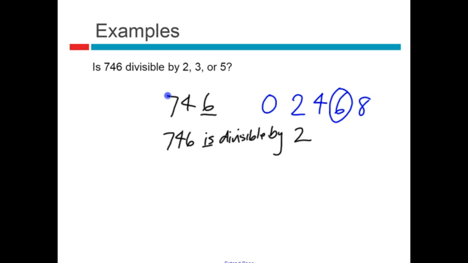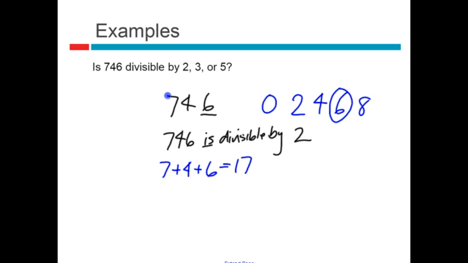Okay? So now we want to check for 3. Checking for 3 is that sum of digits rule. We want to see if I add 7 plus 4 plus 6, is that a number that's divisible by 3? So 7 plus 4 is 11, plus 6 is 17. And 17 isn't divisible by 3.